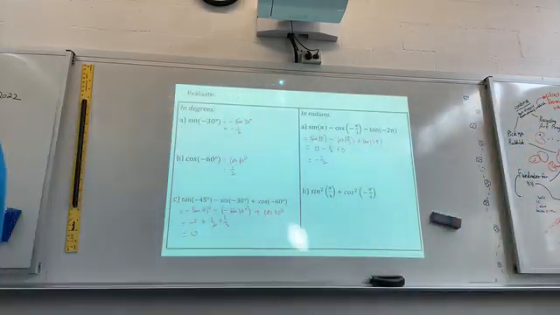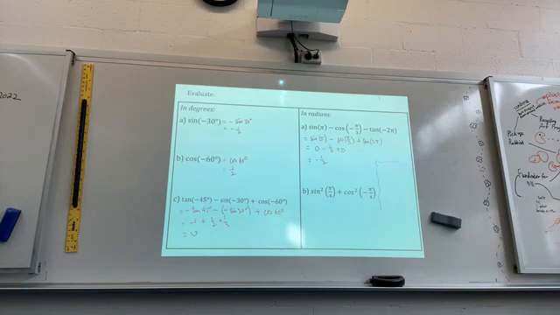It looks something like the Pythagorean trig identity. What I'm going to do is show you something. Let's do this on the side. Cos square minus pi over 4 is actually the same as cos minus pi over 4 times cos minus pi over 4.